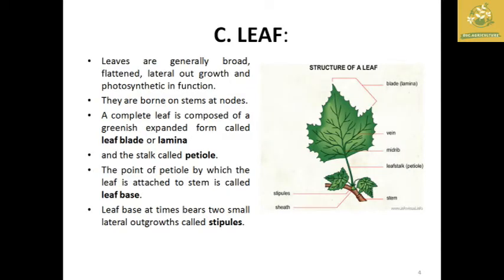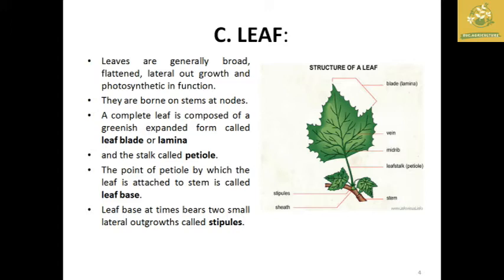In this video, I have already told you that we are going to see the general morphology of the plant. The part we are going to see is the leaves. You can see the general structure of the leaves in this picture. The first one is the blade, found from the foremost tip to the lateral, which is also called the lamina.